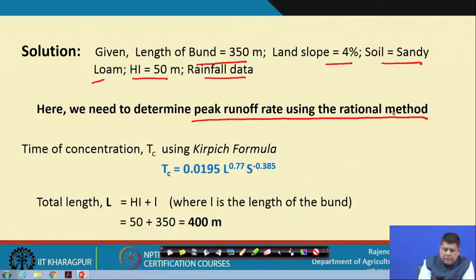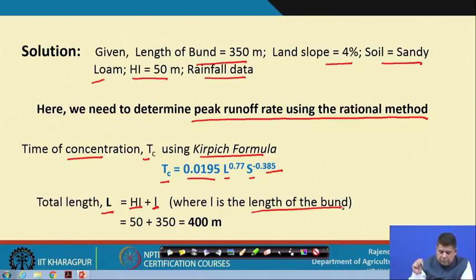So, here we have to calculate the time of concentration Tc using Kirpich's formula, which is Tc equals 0.0195 L to the power 0.77 S to the power minus 0.385, and the flow path length which we consider is the horizontal interval plus the length L of the bund itself, the perpendicular distance we always talk about.